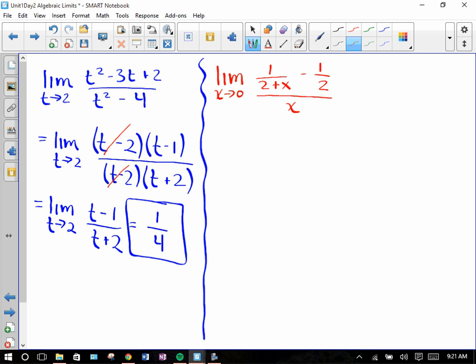So what I have here is a fraction over a fraction. I have fractions in the numerator, and then that whole thing is a fraction.